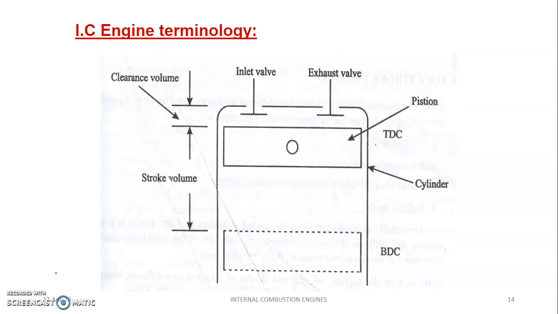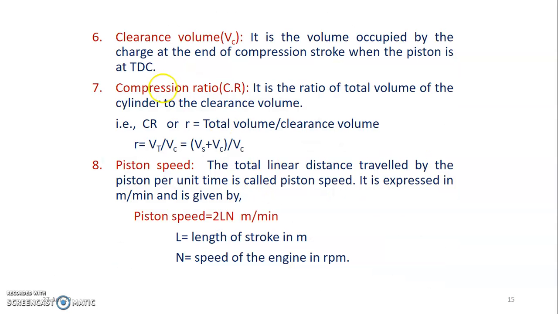Let us move to the next terminology, that is the sixth one, clearance volume. We write it as Vc, V for volume, C for clearance. It is the volume occupied by the charge at the end of the compression stroke when the piston is at TDC. We'll understand what the compression stroke is later. We know already what TDC is, top dead center.